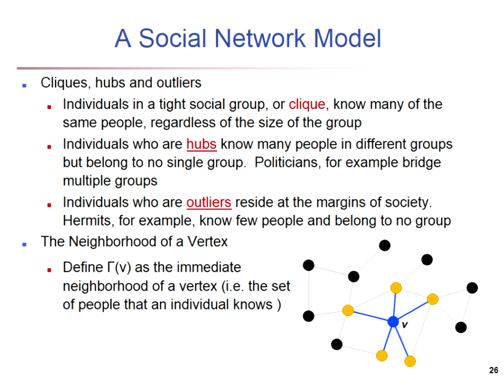Let's move now to a social network model: cliques, hubs, and outliers. Individuals in a tied social group or clique know many of the same people, regardless of the size of the group. Individuals who are hubs know many people in different groups but belong to no single group.